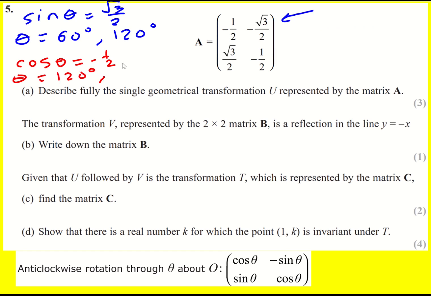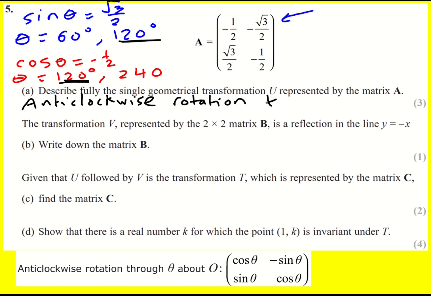You'd also get 360 minus 120, 240, but we can see the common one is 120. So it's going to be an anti-clockwise rotation through 120 degrees about the origin.